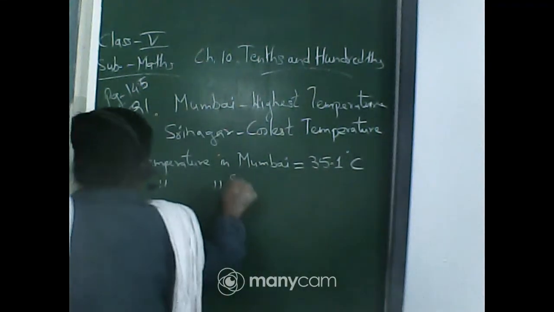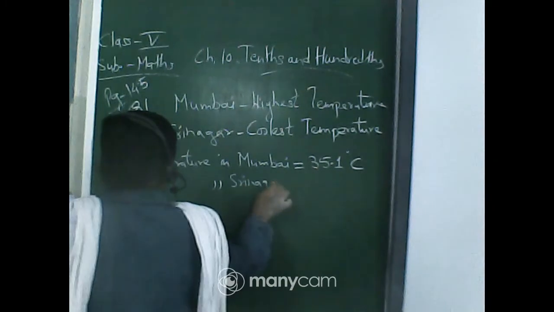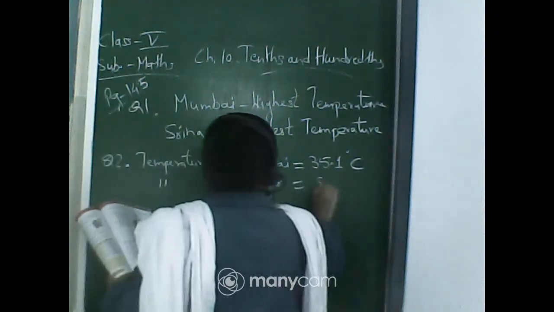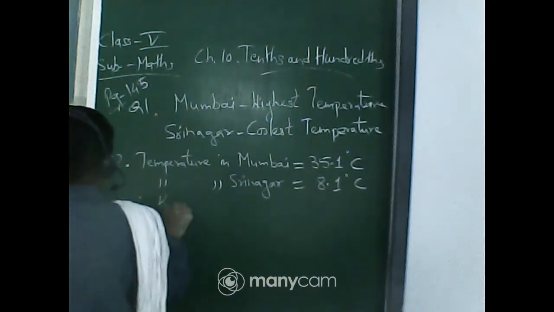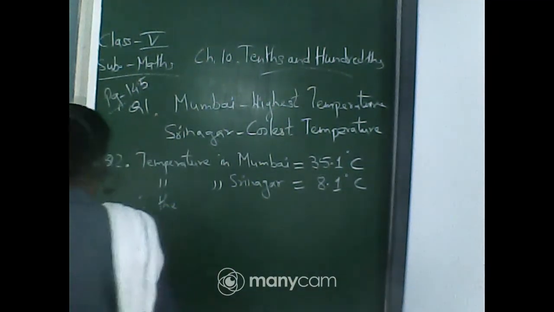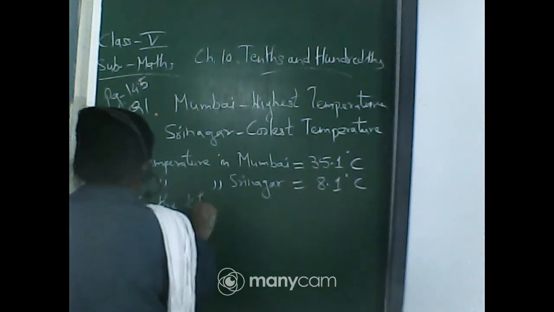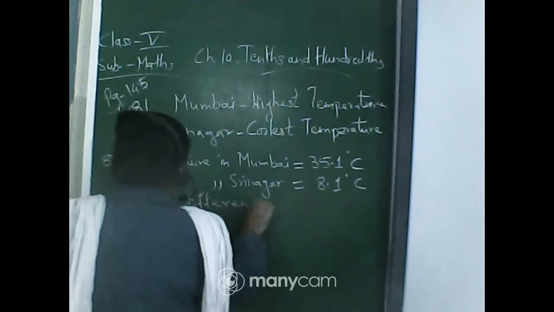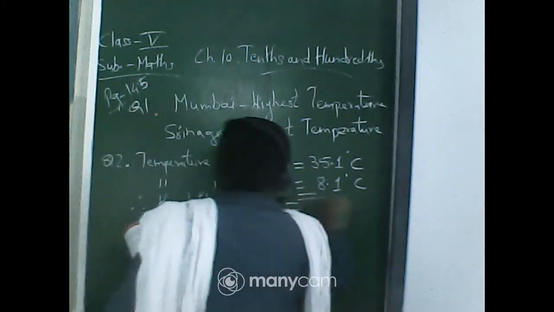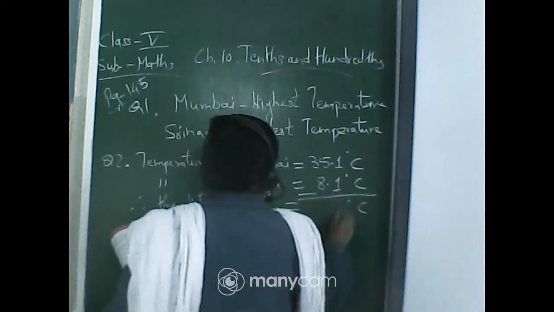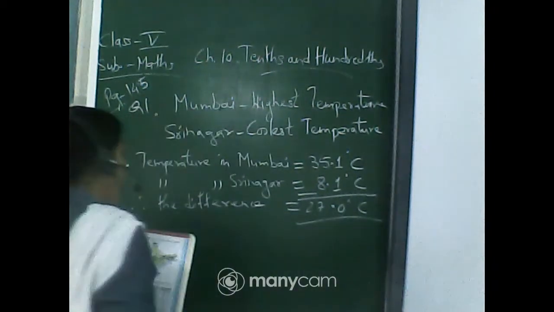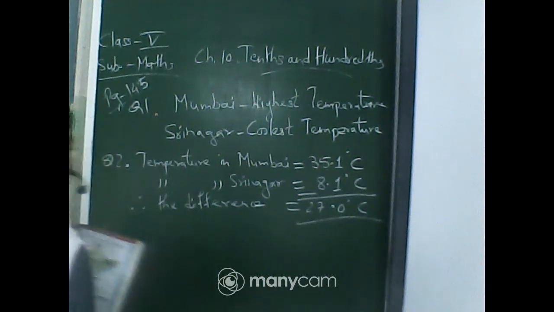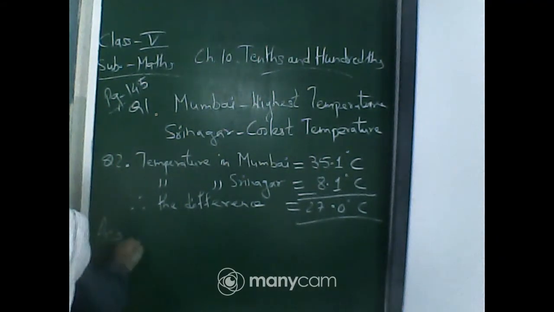Then temperature in Srinagar is equal to 8.1 degrees Celsius. Therefore, the difference in temperature is equal to, subtract it, 27.0 degrees. That means 27 degrees is the difference between the two cities.